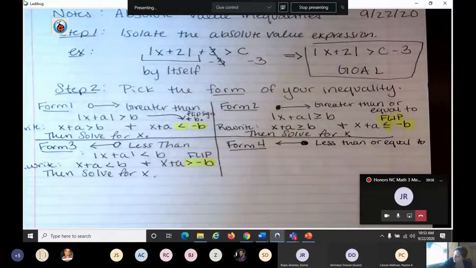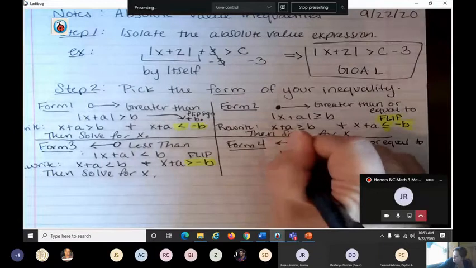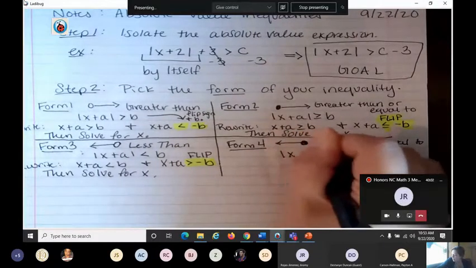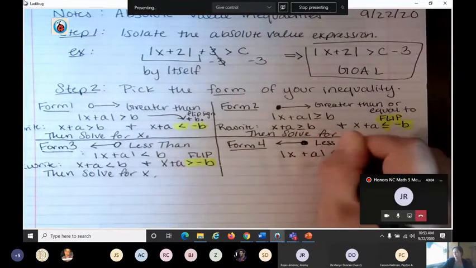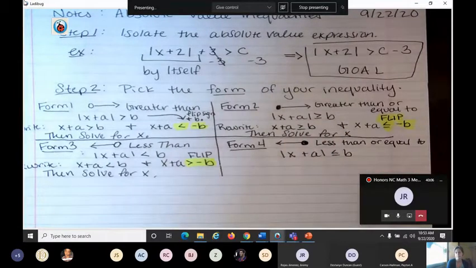Okay, and it's just like all the other forms, but we're going to have a less than or equal to sign. And just like the other ones, we rewrite.